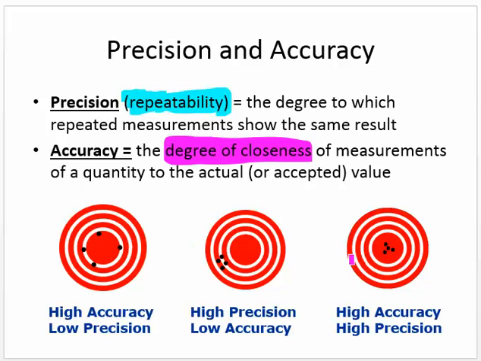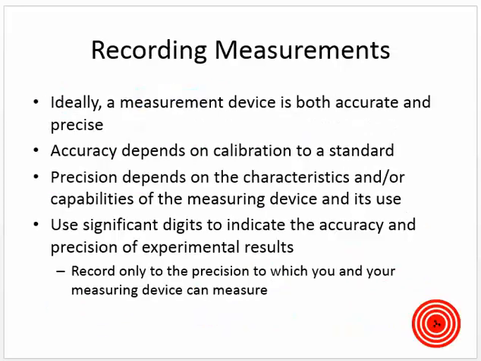This right here is very precise because it's repeatable. It's going to keep hitting the same spot. But this is high accuracy and high repeatability. There's a difference. Again, accuracy is closeness. Precision is repeatability. Don't forget that. Ideally, a measurement device is both accurate and precise. Accuracy depends on calibration to a standard.